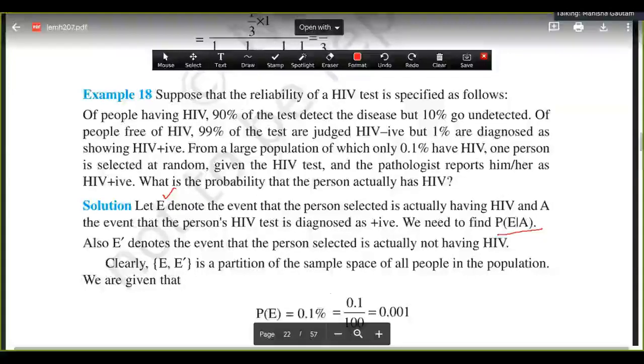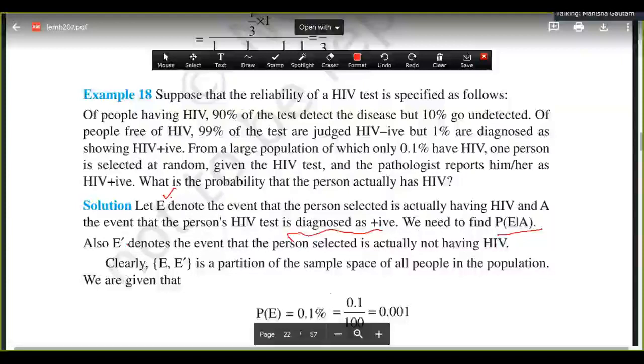Now E naught denotes the event that the person selected actually does not have HIV. E is having HIV, E naught is not having HIV. And A is the event that the person is diagnosed positive in the path lab.